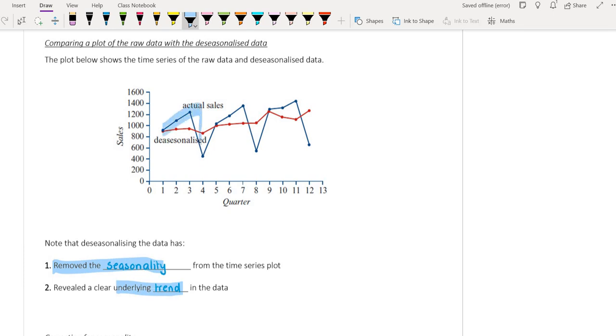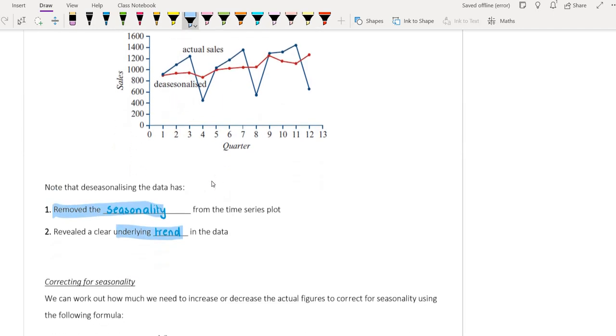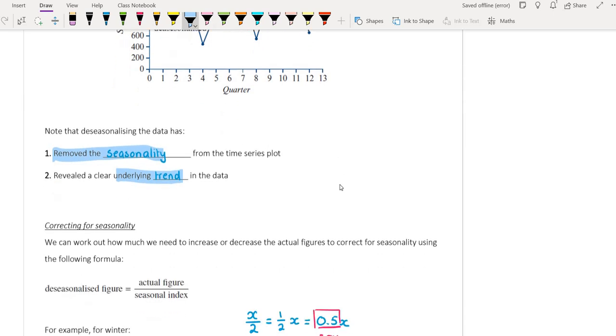You can see even the actual sales in this graph had all these ups and downs, and it was seasonal. Therefore, when we deseasonalize the data, you can see the trend is actually just a slight increase over time.